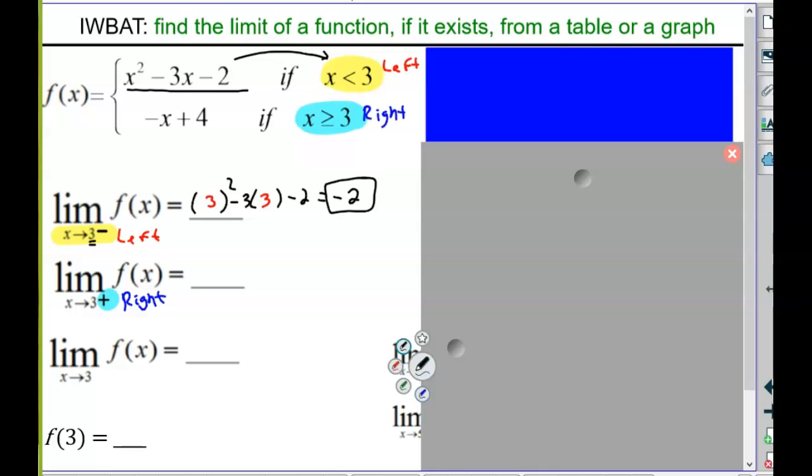So I'm going to take the new function for the right-handed side and say opposite of whatever x is plus 4. In this case, we're plugging in 3. So negative 3 plus 4 is a positive.